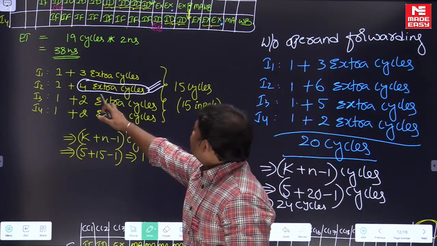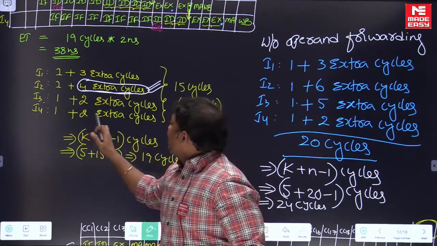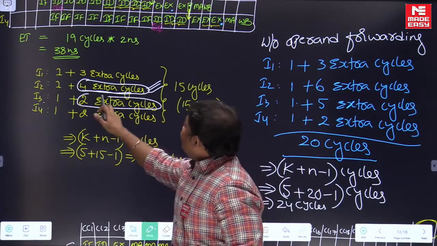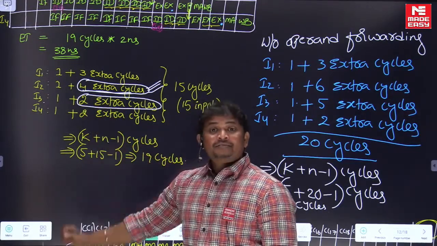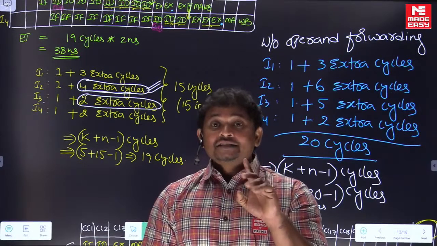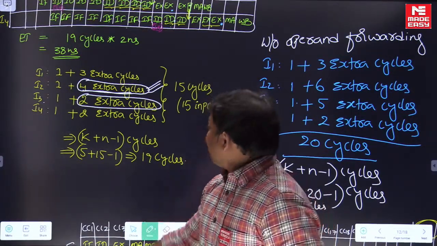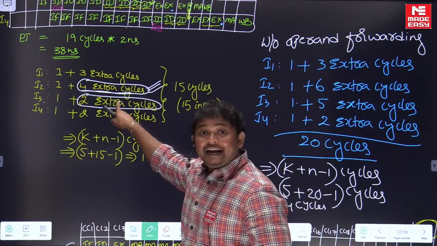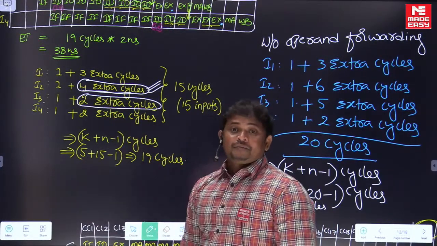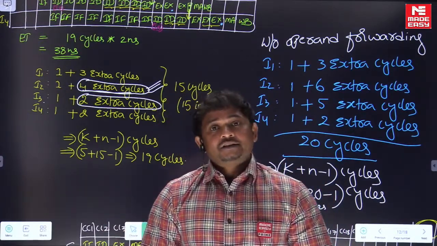You know, after these 4 cycles, I2 data is available for I3. After 2 cycles, I3 data is available for I4. Got my point? After 4 cycles, I2 data is available for I3. After 2 cycles, I3 data is available for I4. Okay, na? Like that. Okay, Vandit?